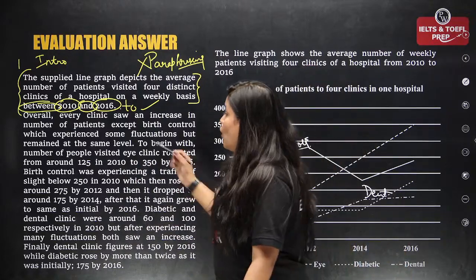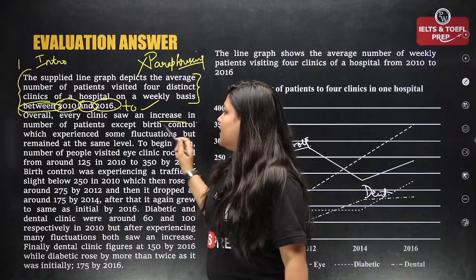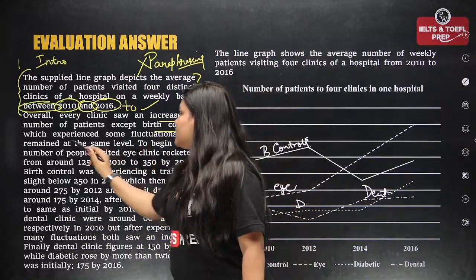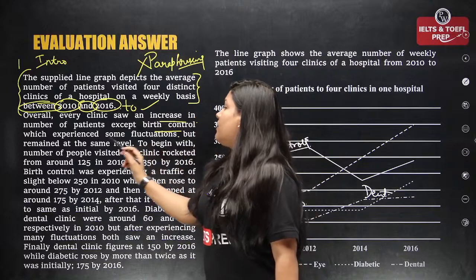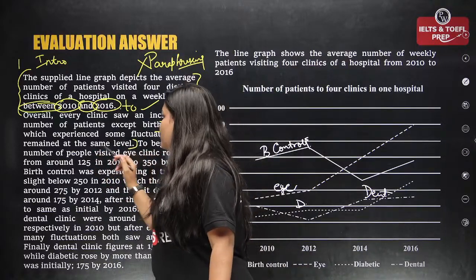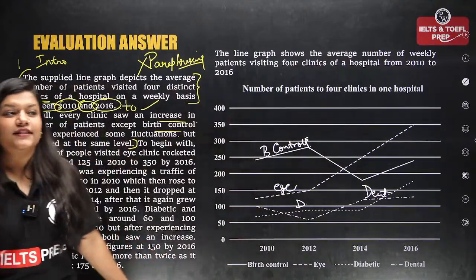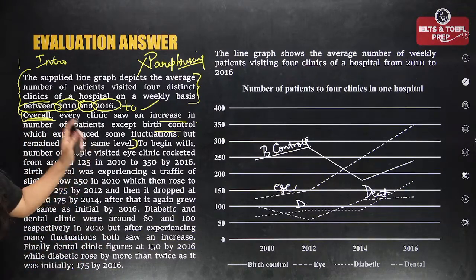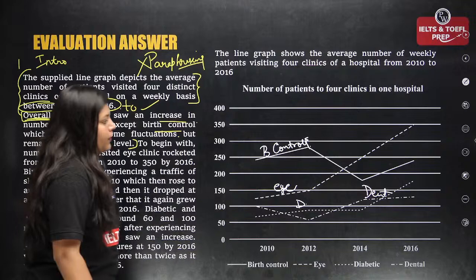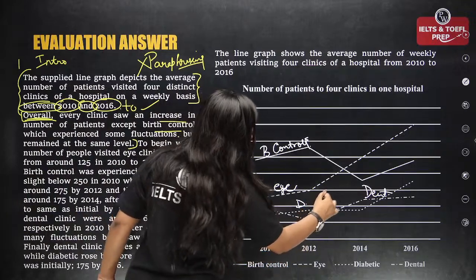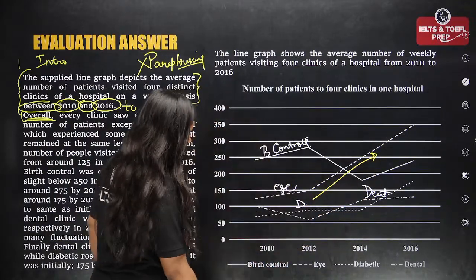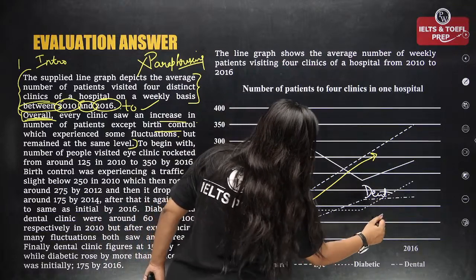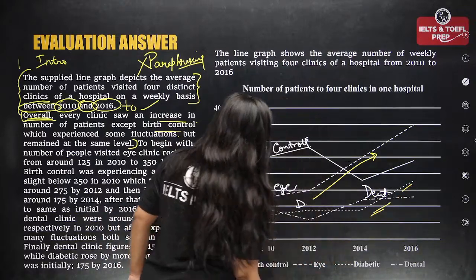Now, overall, every clinic saw an increase in number of patients except birth control, which experienced some fluctuation but remained at the same level. So, from here to here, we can see there is an overall mention. Okay. So, this is an overview of the answer. Diabetic has also shown an increase over here, but in the last stage.